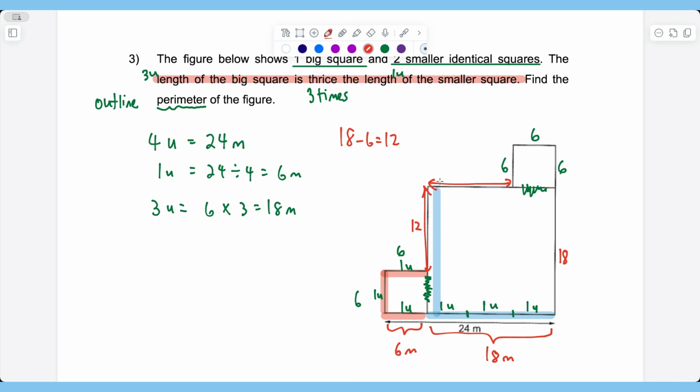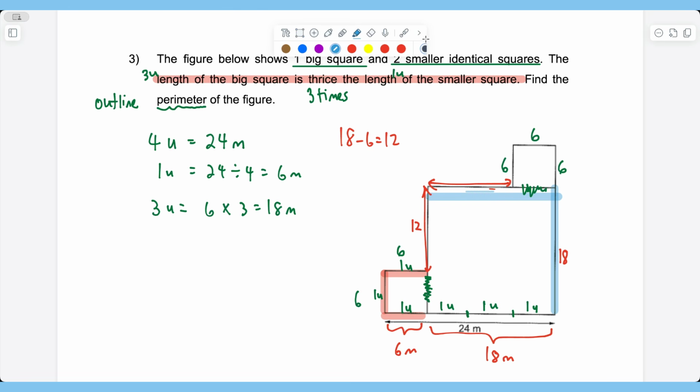Likewise, for this horizontal line with the red arrows, we have this length of the big square here, which is 18. Just bring this back first. Now the length of this big square is 18. If I bring this up here, this is 18, right?